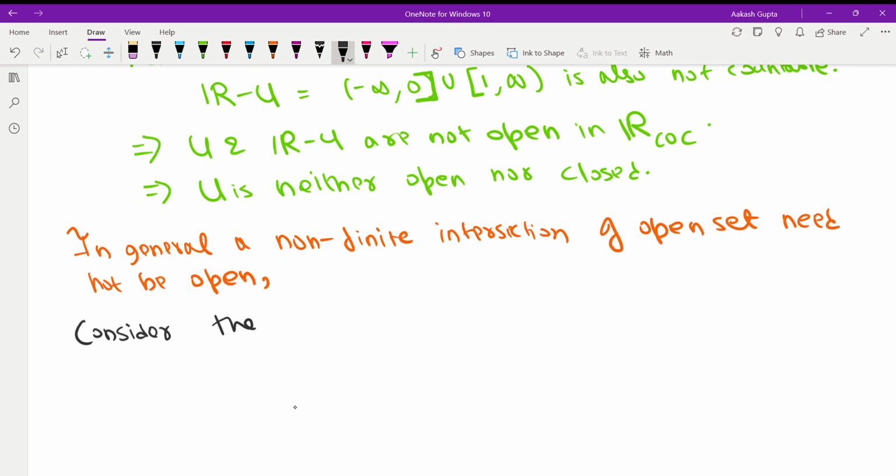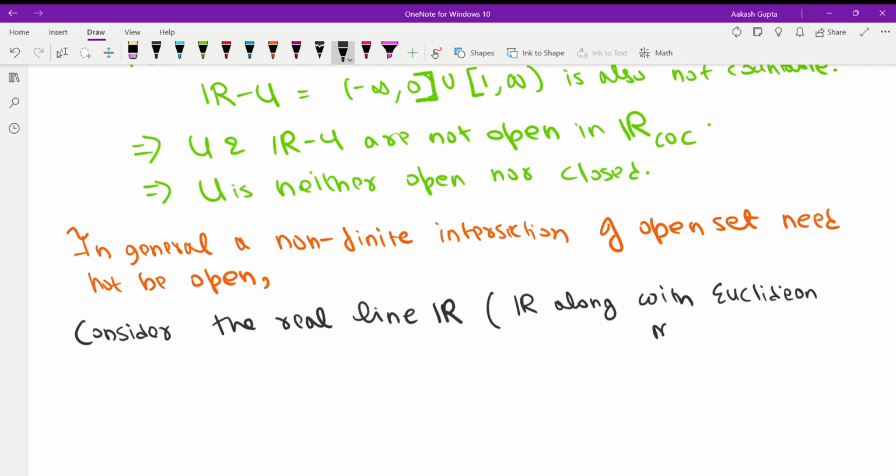Consider the real line R. What do I mean by real line R? I mean R along with the Euclidean metric. Or you also call it the usual metric if I am not wrong. The distance between two points, that's all. So that's what you call the real line.